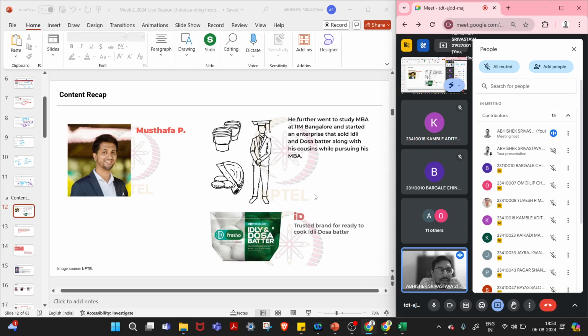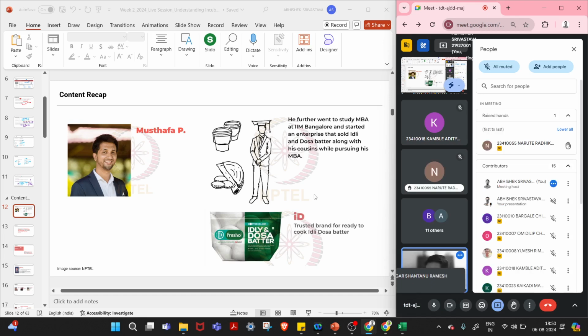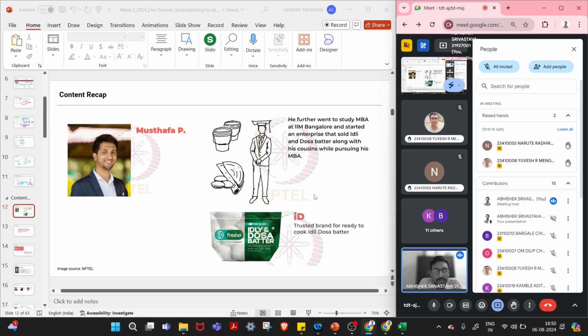So is anyone there in the session today whose name was taken? Anyone? I think the only person I could recall was Shantanu. Apart from that, okay. And Radhika was also there. All right. Oh, there are a few people.